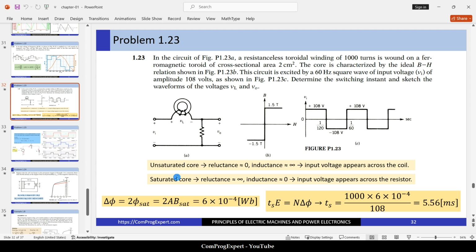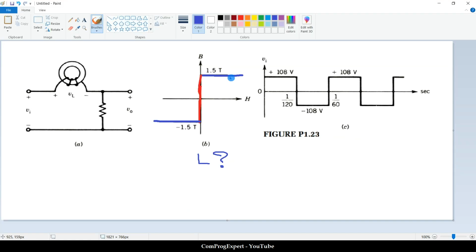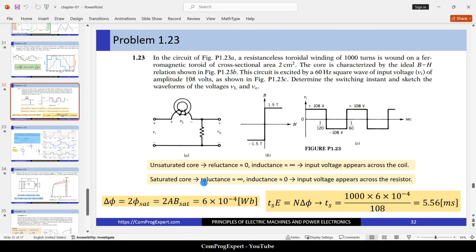So, the second case. In the second case, when the core is saturated, these operating regions, the slope of this line is 0. It means the reluctance is infinite and the inductance is 0.